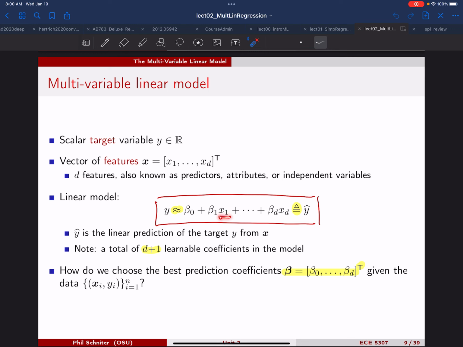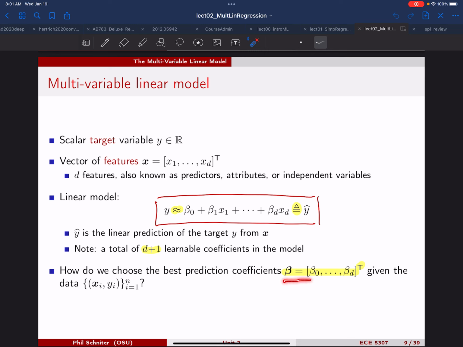Now we have up to D features, x1 through xd. And we're doing linear prediction, which means we multiply each of these features by a slope coefficient, beta 1 through beta d, and then we also add an intercept term. So in total we have d plus 1 learnable coefficients, those are the betas in our model.